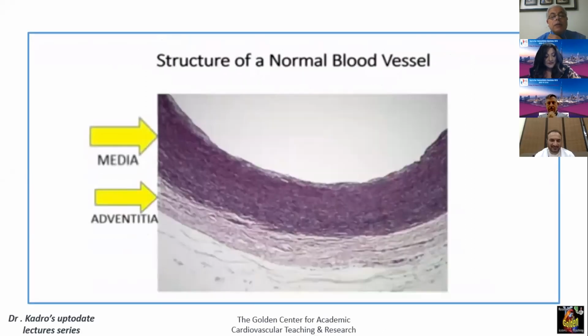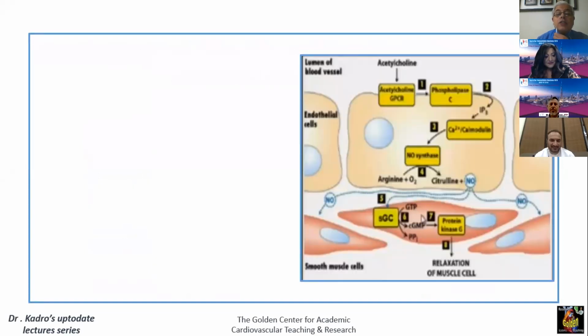So everybody knows about the endothelium and the vessels. Every vessel has adventitia and media and has the endothelium. The endothelium is only one layer, but has a lot of functions.